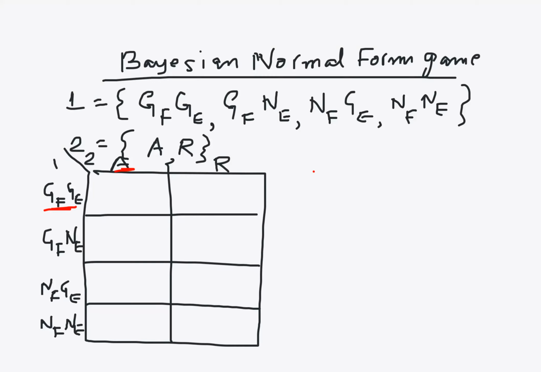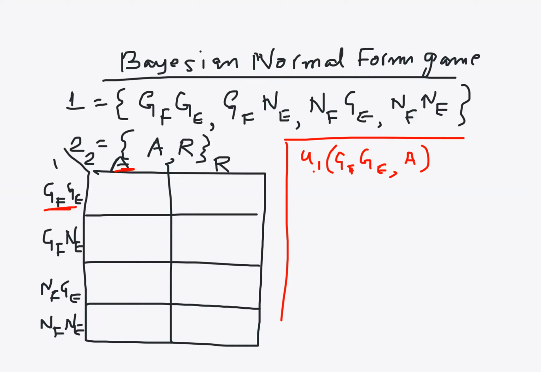So what would be the payoff to both players then? So let's write it down here: the expected payoff of player 1 from giving gift as a friend type and enemy type, when player 2 accepts the gift.